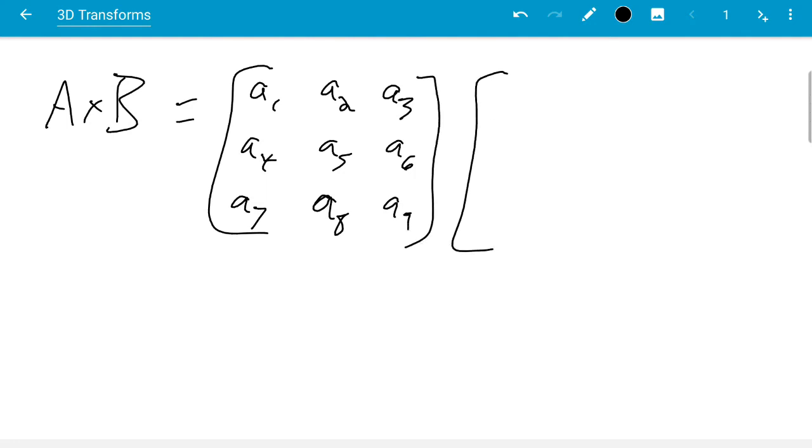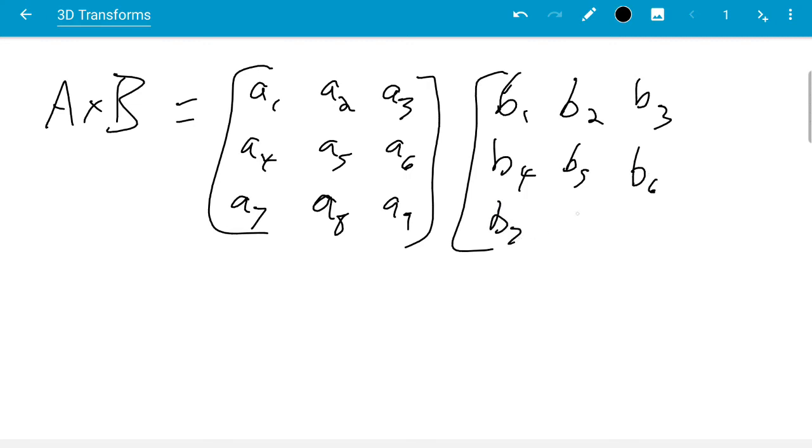We want to multiply by B. So let me give this a few terms. Alright, we're going to figure out how to multiply these.